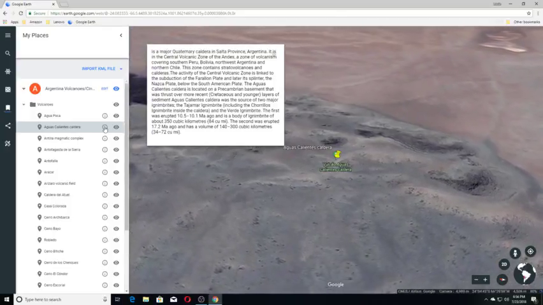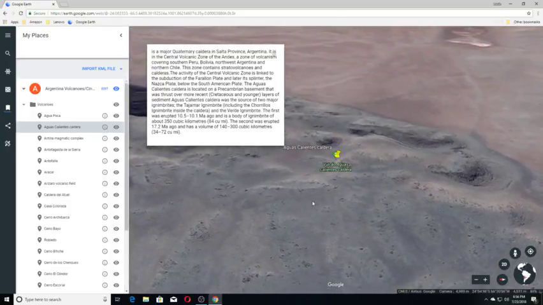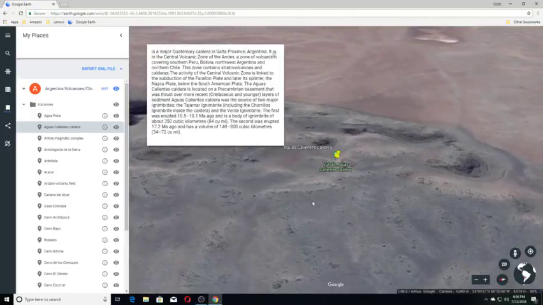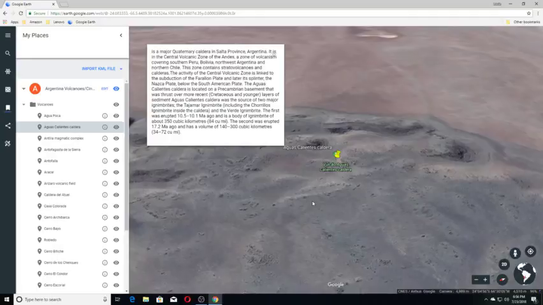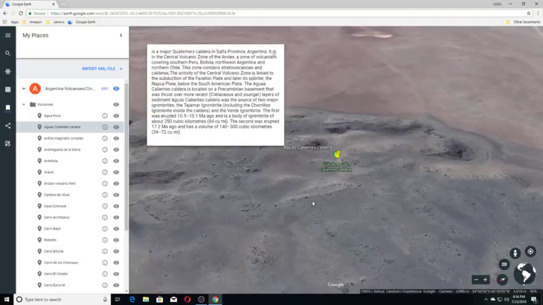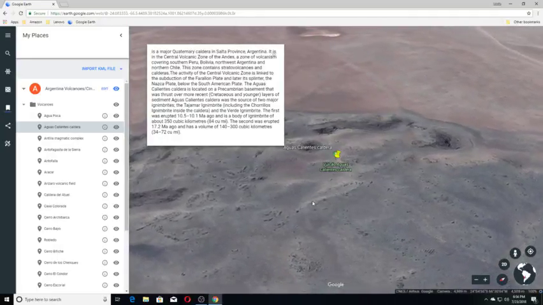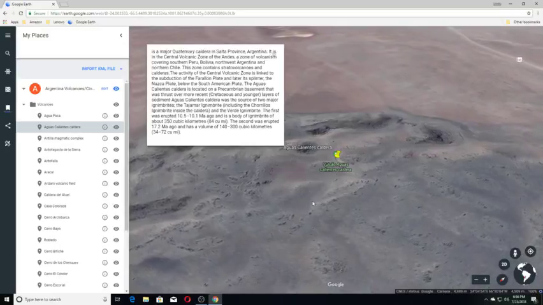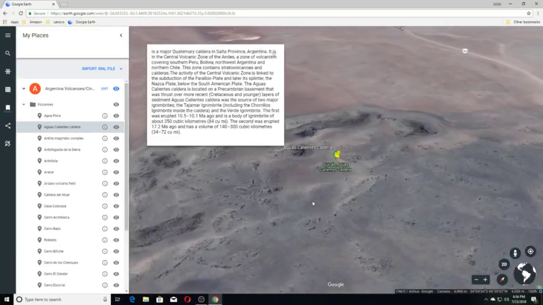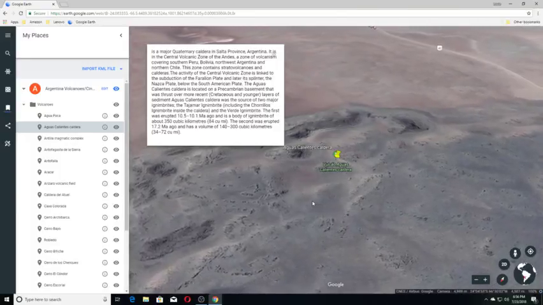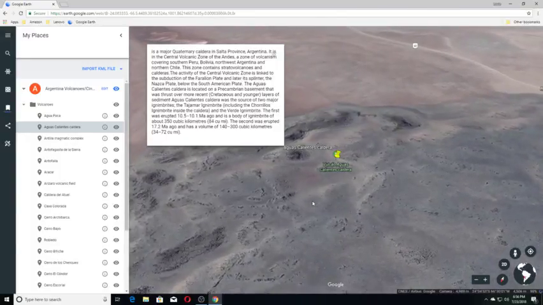It is in the central volcanic zone of the Andes, a zone of volcanism covering southern Peru, Bolivia, northwest Argentina, and northern Chile. This zone contains stratovolcanoes and calderas. The activity of the central volcanic zone is linked to the subduction of the Farallon Plate and later its splinter, the Nazca Plate, below the South American Plate.